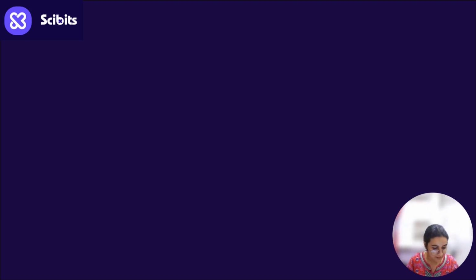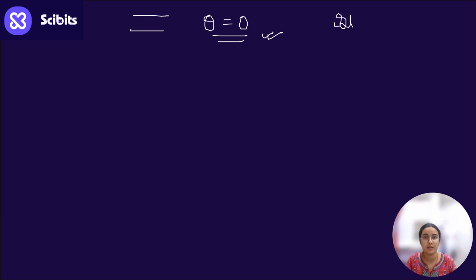Let me give you an example so that you will be able to follow more easily. As you already know, if two vectors are parallel, their angle will be 0. If their angle is 0, then the sine theta and cos theta values will change accordingly.